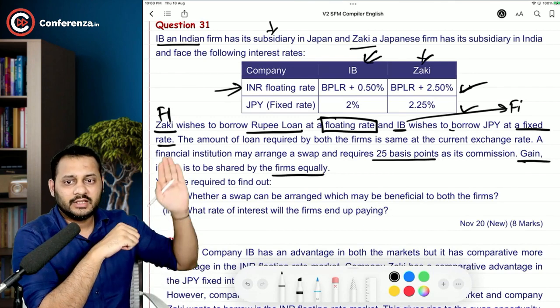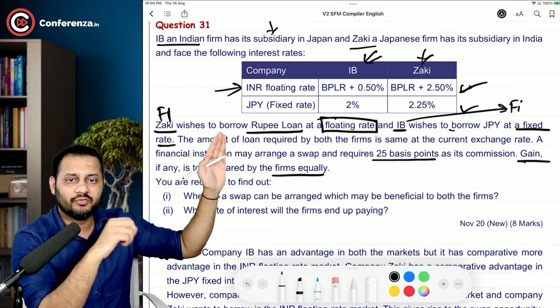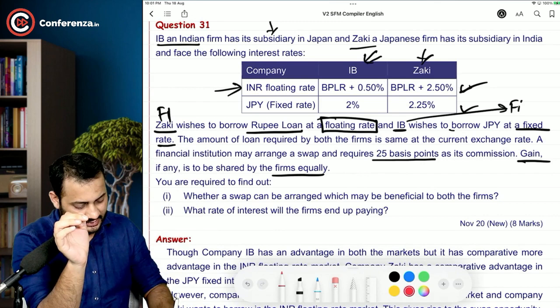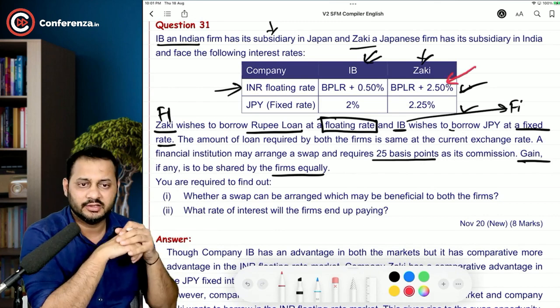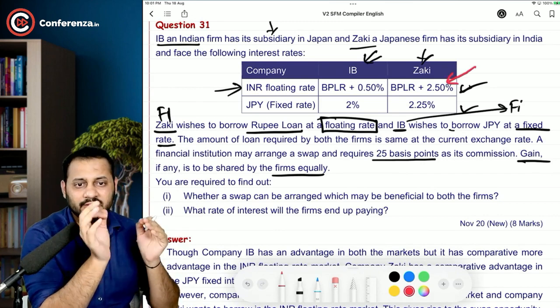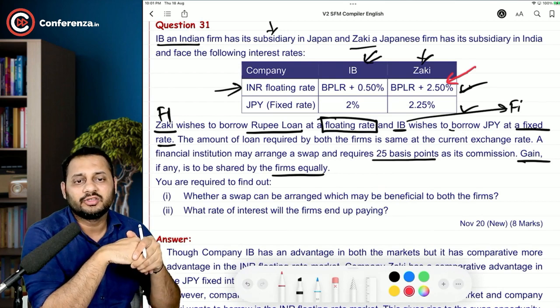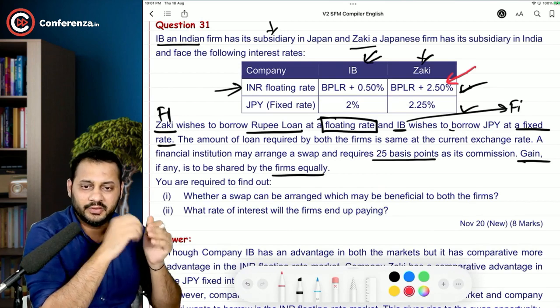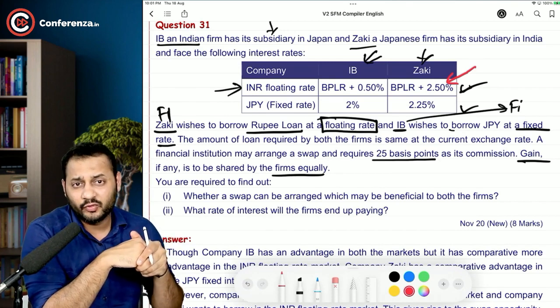See, Zaki wishes to borrow at a floating rate, and it is costing that company BPLR plus 2.5%. BPLR is also a floating rate.